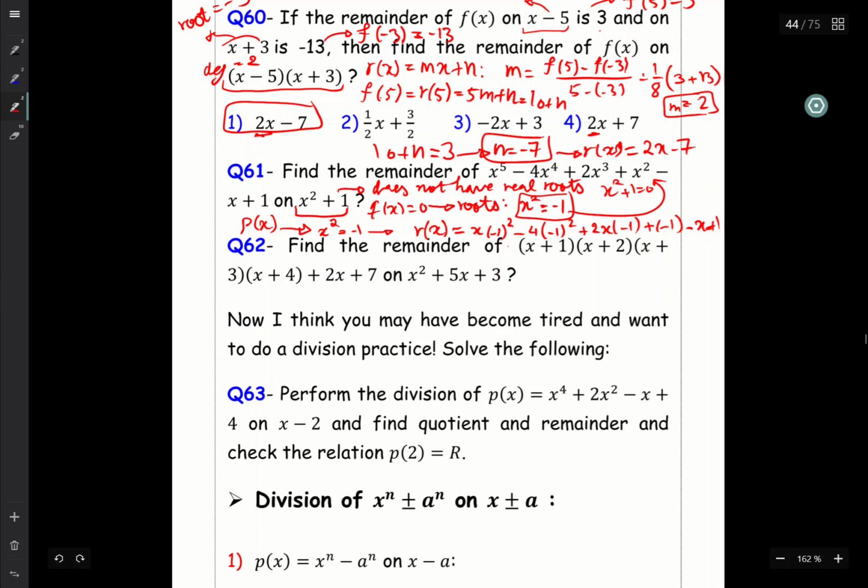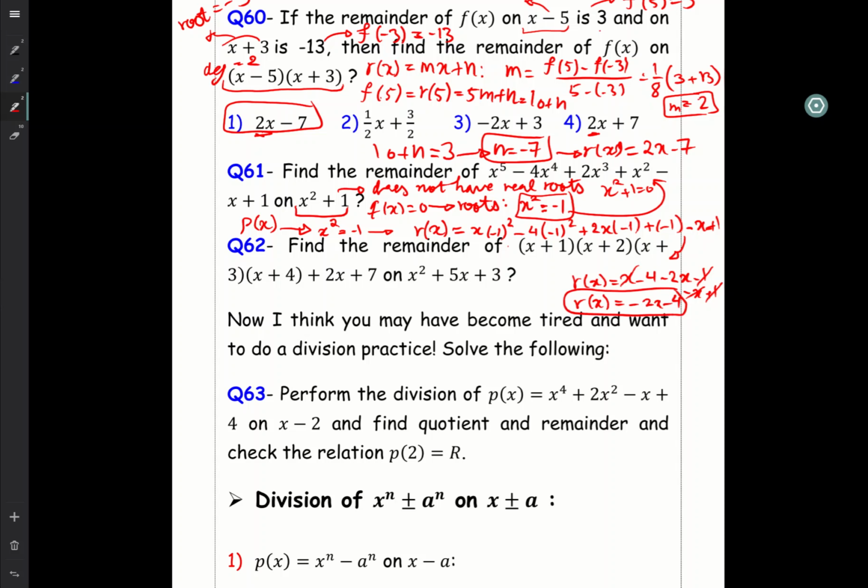So I immediately get the remainder. So r(x) is x - 4 - 2x - 1 - x + 1. We have 1 cancel out, x cancel out, and we end up with -2x - 4. Okay, so this should be our remainder.